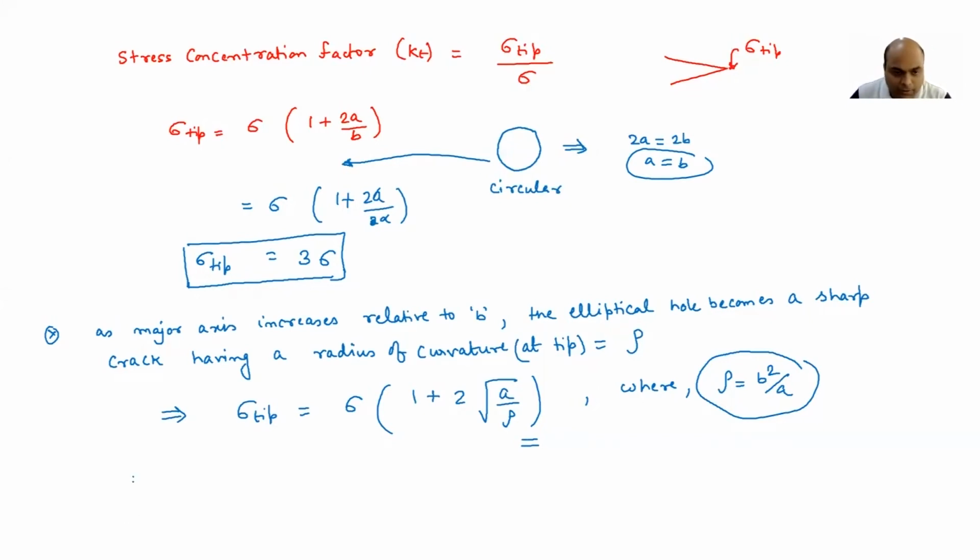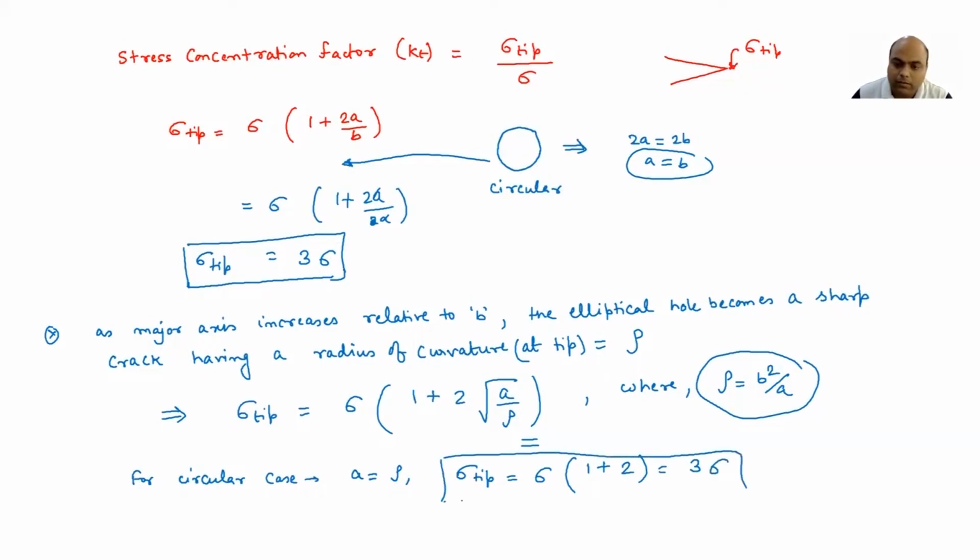So for the circular case, A is equal to rho, so sigma tip becomes sigma times 1 plus 2, so 3 sigma. So it is the same as the one on the top. So it validates, one way of validation.